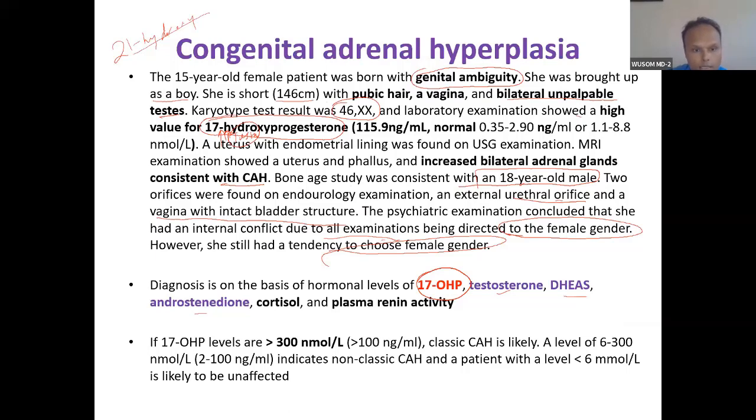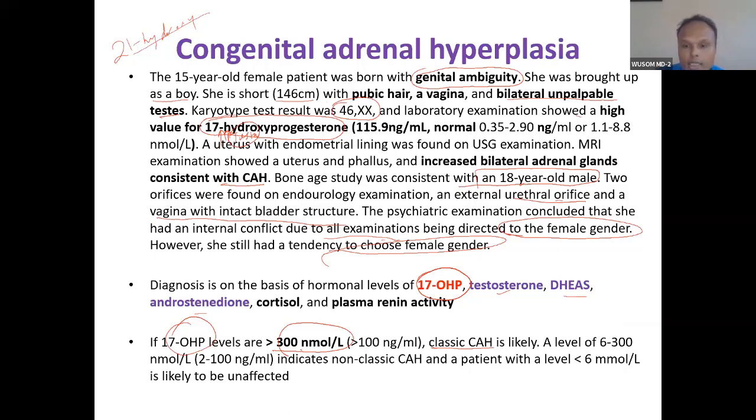So you can see this. 17-OHP becomes a very cornerstone differentiating factor. If it is more than 300, it is always classical congenital adrenal hyperplasia. Okay, understood?